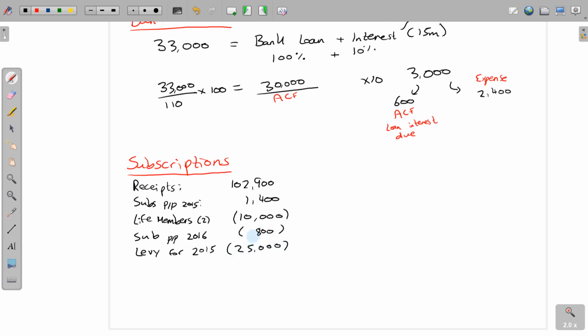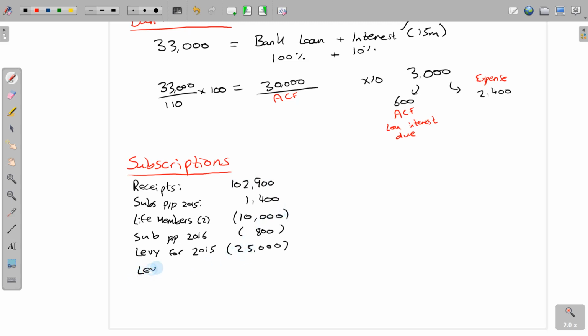They're inputted in the receipts as just a broad name of subscription, but we know that there's 3 different elements to this. We have life members, we have the levy that we charge our subscribers, and then we have just the membership or the subscription itself.